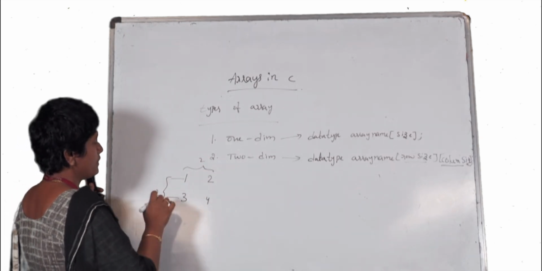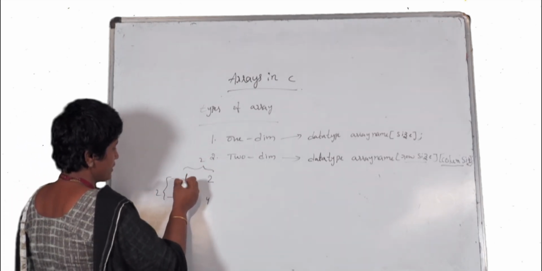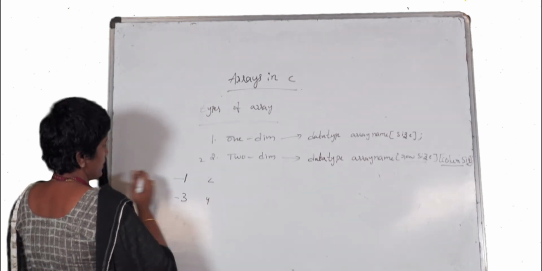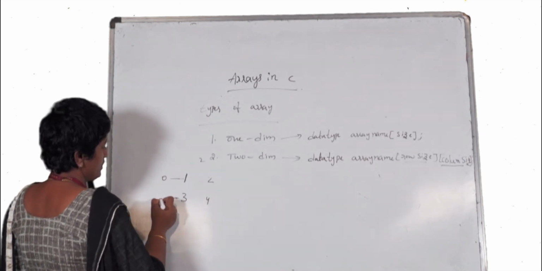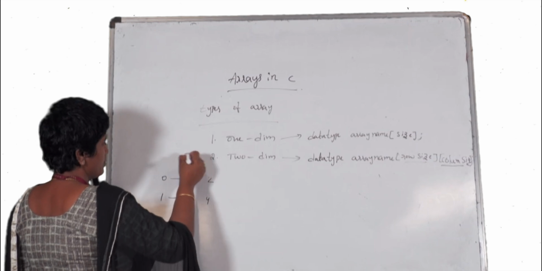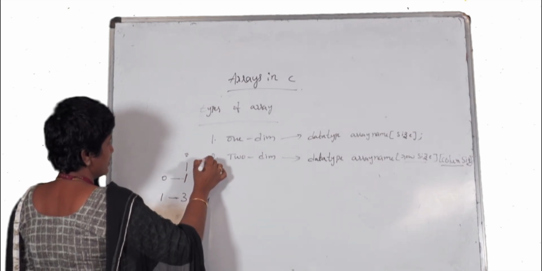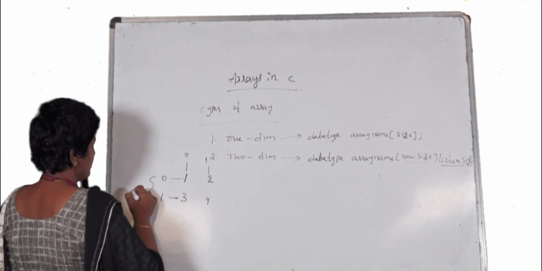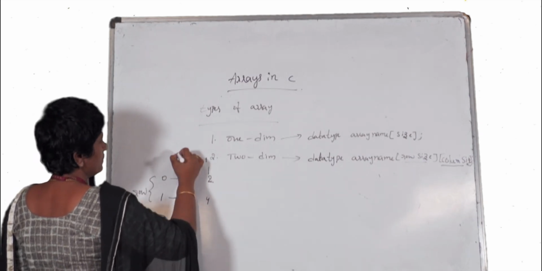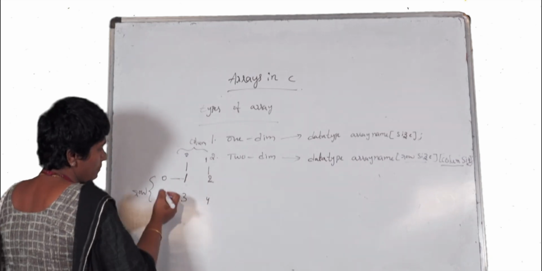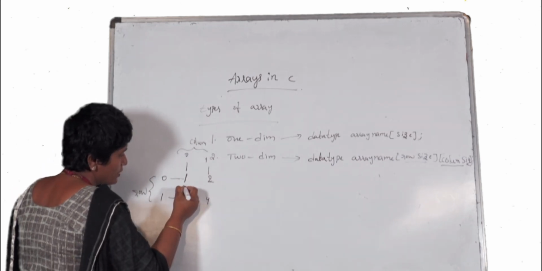Suppose this is the 0th row and this is the first row. This is the 0th column and this is the first column. So here this is row and this is column. What is the position of 1? 0 row and 0 column.